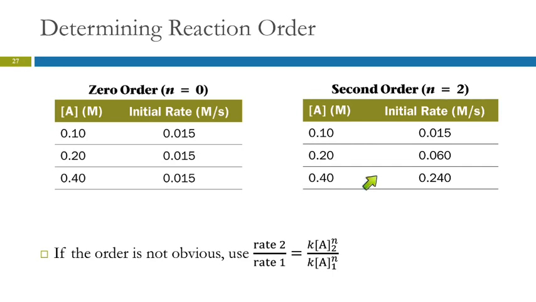For this one, which I can only point to in that one particular place, second order, the initial rate, again, is 0.015 at 0.1 molar of A. We double the concentration. What happens to the rate? Well, we can see what 0.06 divided by 0.015 is.